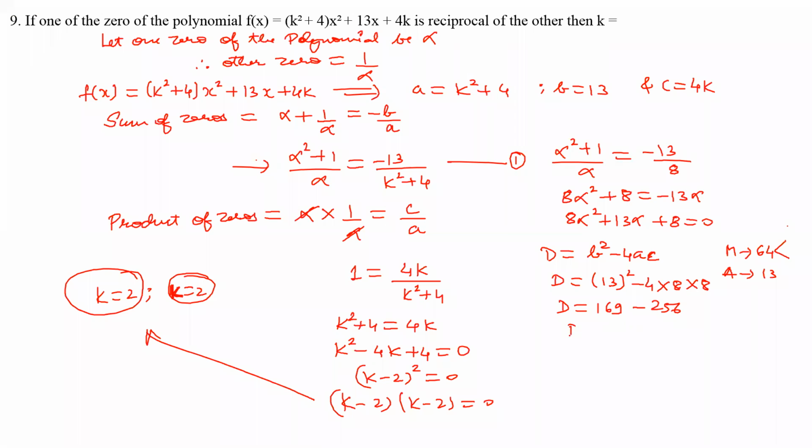Okay. So D is coming negative. D is coming less than 0. Whenever D is less than 0, we don't get the roots. So we will not get the value of alpha here.